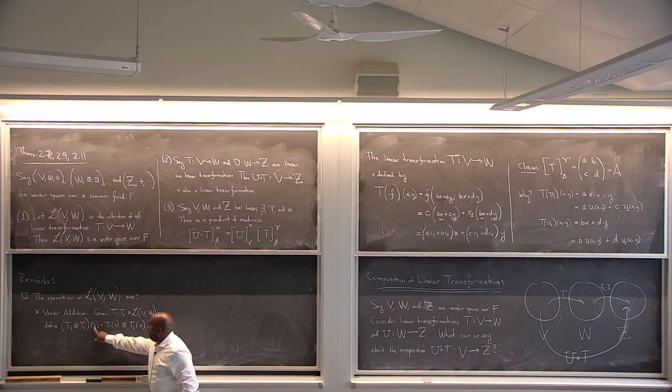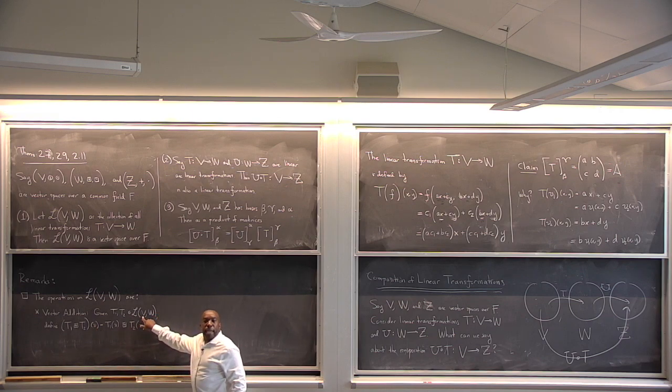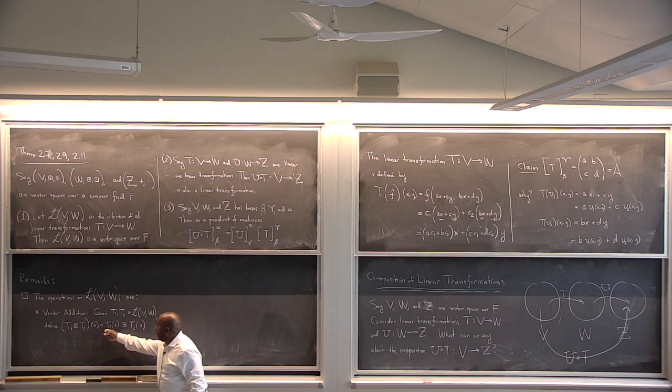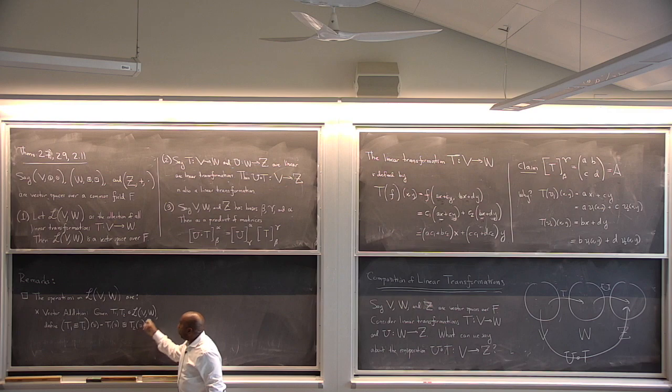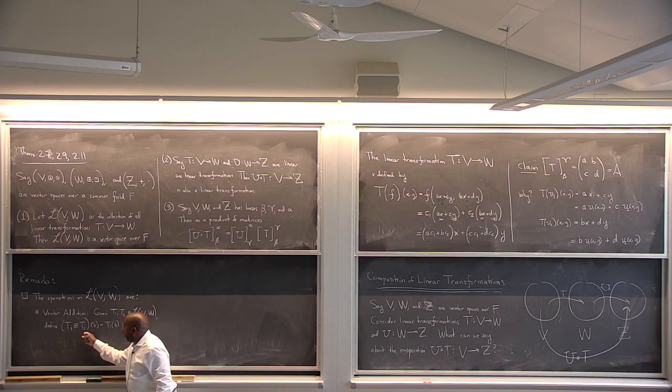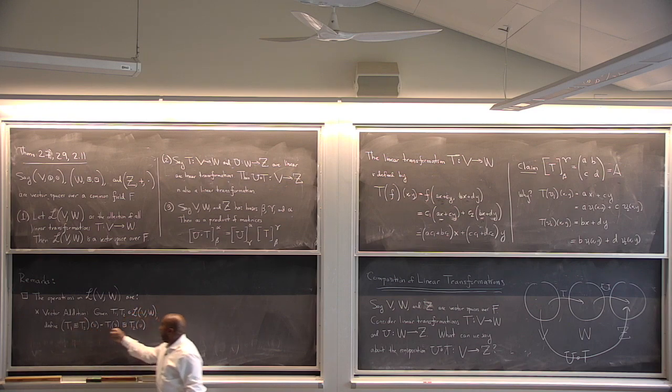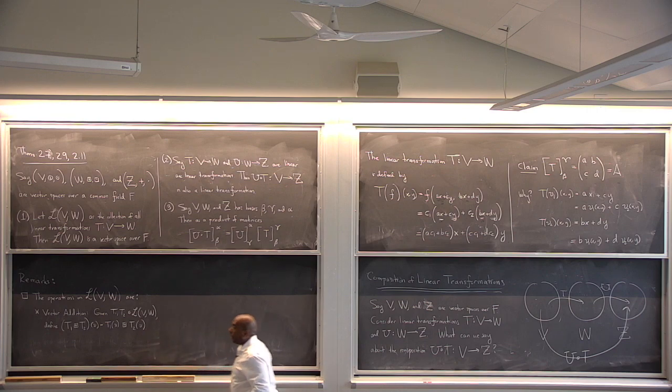So again, if I have a vector V in our vector space capital V, I can look at this vector T1 of V that's in W and this vector T2 of V that's in W. So if I look at this definition, this says this is that linear transformation that sends V to the sum of elements in W. So that's why typically we like to write the square box as the operation on this script L.